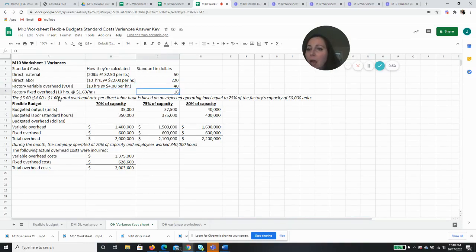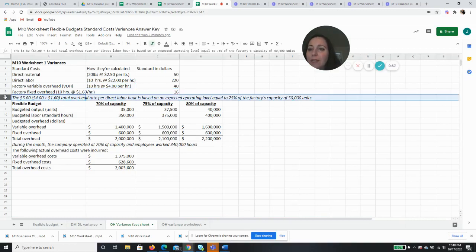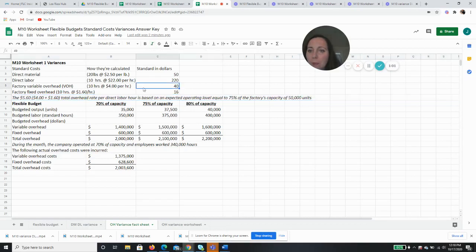All right. And it tells us here this $5.60 of total overhead rate per direct labor hour, which is the $4 plus $1.60, so $5.60, is based on an expected operating level, this should be level, equal to 75% of the factory's capacity of 50,000 units.